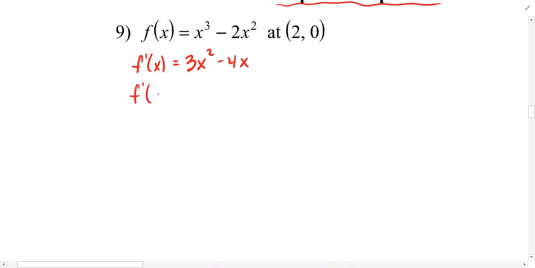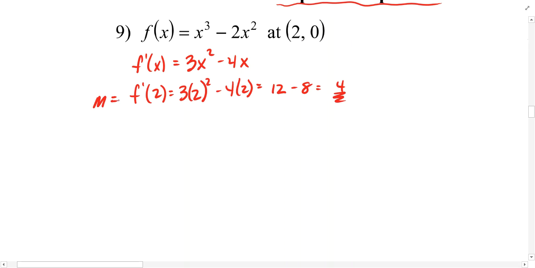And if we evaluate this derivative at the supplied x value, 3 times 2 squared minus 4 times 2, we will obtain the slope of the tangent line. So again, this is done without a calculator, so 2 squared is 4, and 4 times 3 is 12. 4 times 2 is 8, so it looks like our slope is 4.